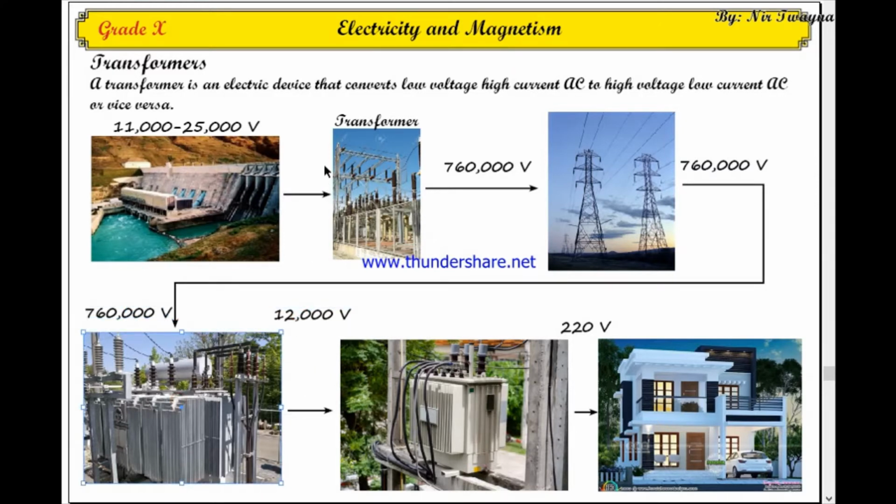So this device by definition is also a transformer. Similarly, look at this device. This device also converts 12,000 volt into 220 volt. Are you getting it or not? Yes?